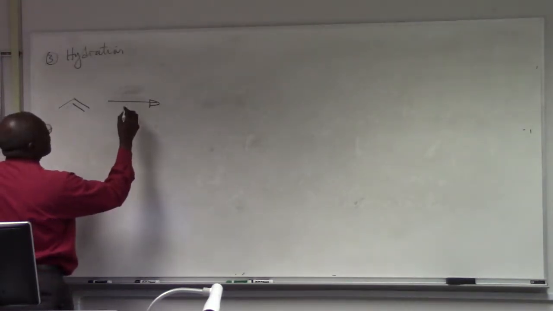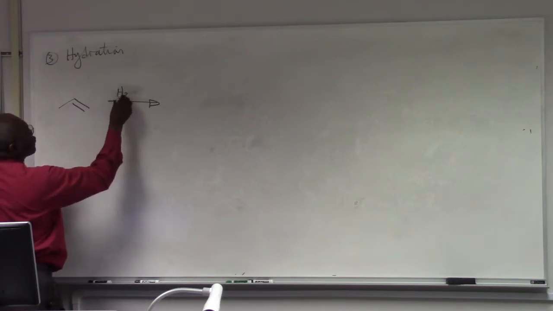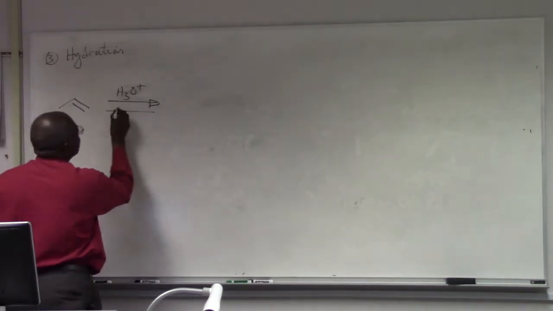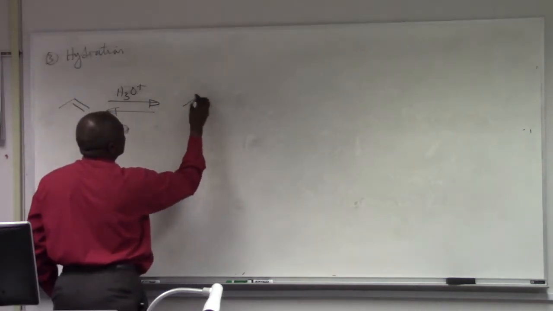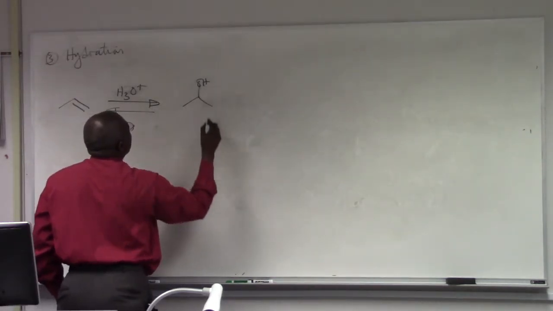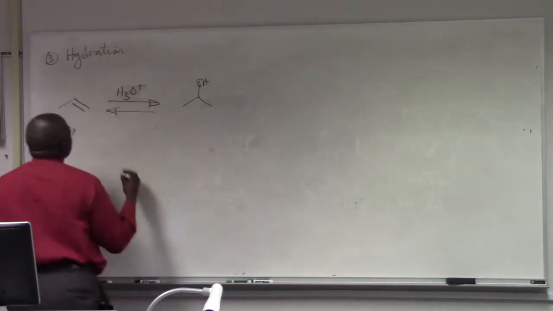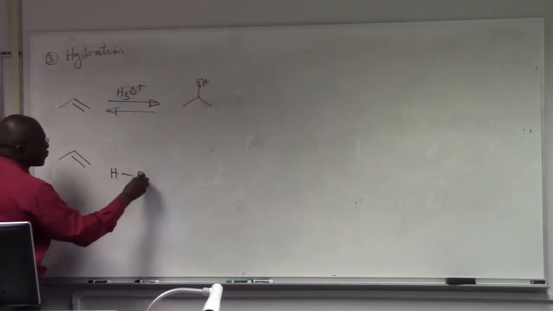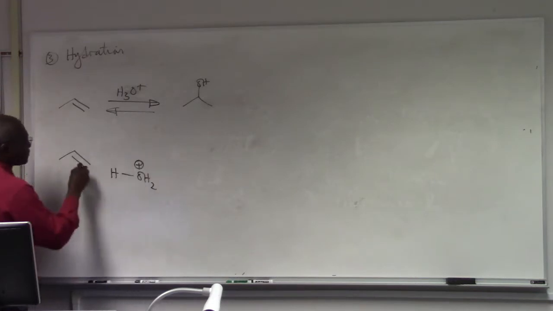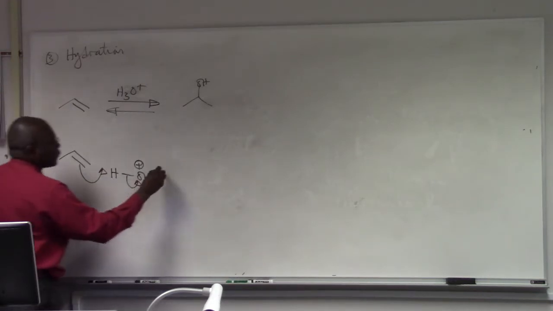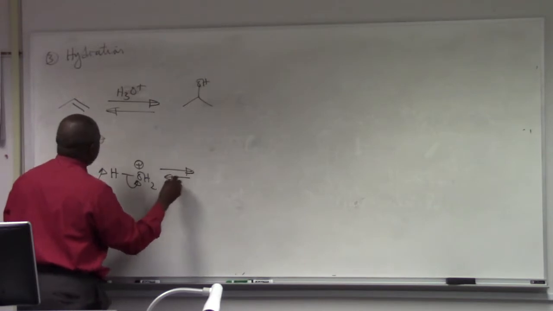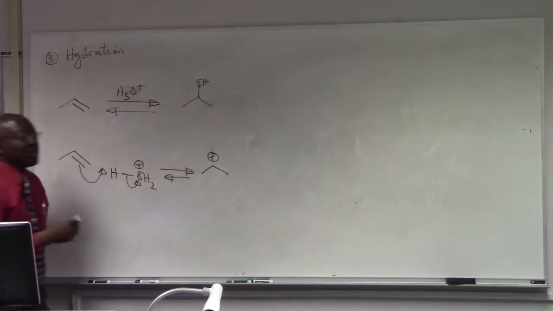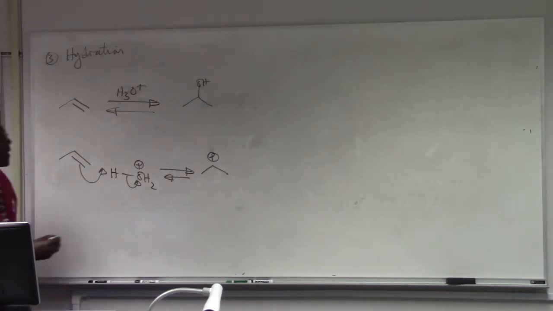So, if I treat an alkene with H3O+, there'll be an equilibrium that generates the corresponding alcohols. Let me just run through the mechanism here. The alkene will attack H3O+. That's an equilibrium, it will generate the secondary carbocation, because I can't make the primary one.